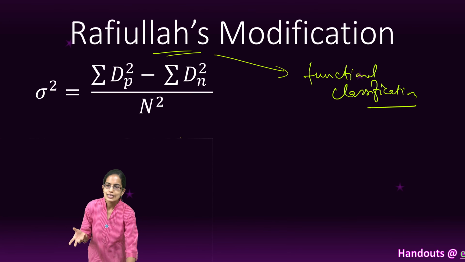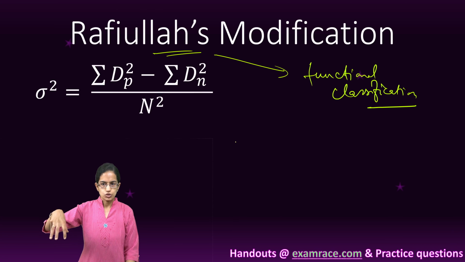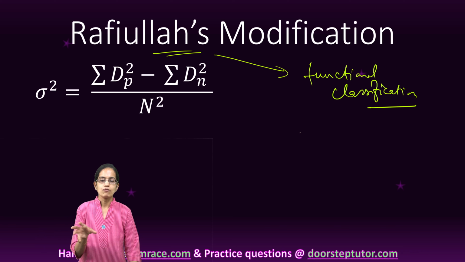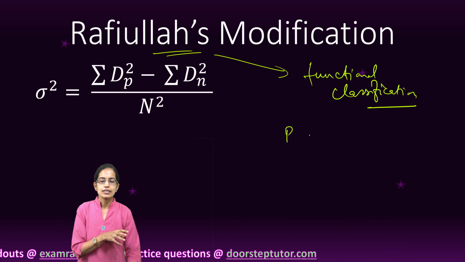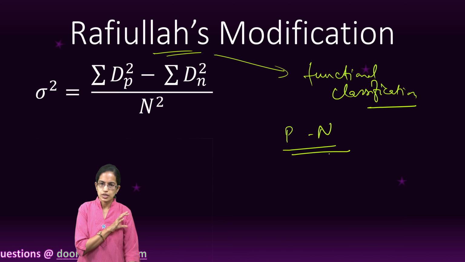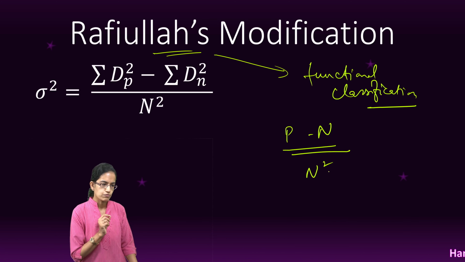In Rafiullah's method, the summation of the squares of the positive differences was taken first, and from that we would subtract the squares of the negative differences, divided by the total number of crops.